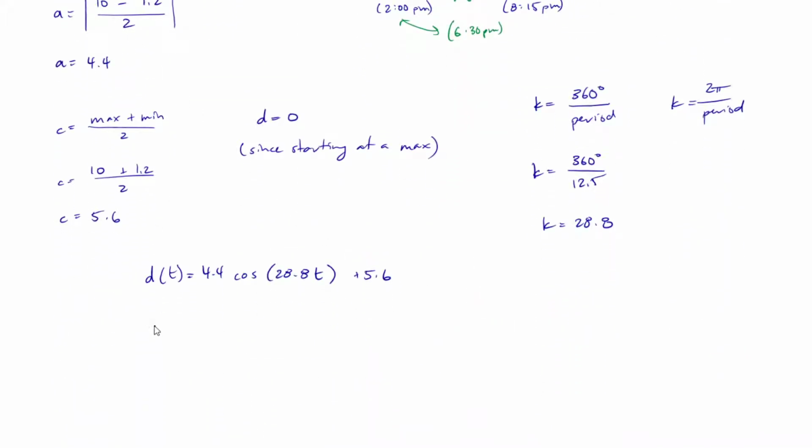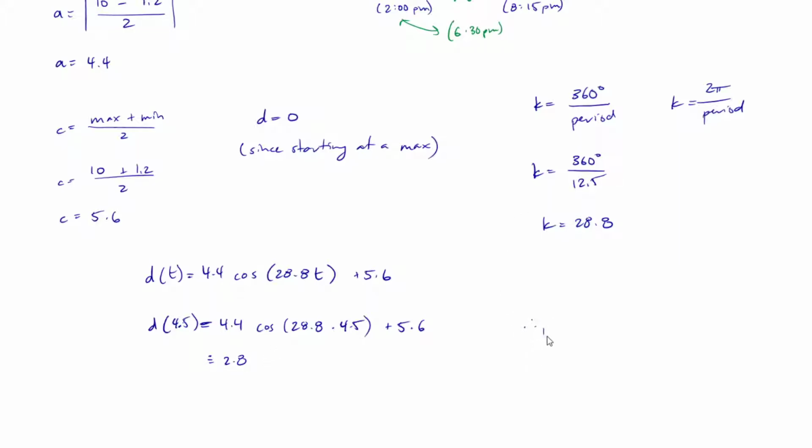So d at 4.5 is equal to 4.4 cos 28.8 times 4.5, plus 5.6. And putting that all into my calculator yields approximately 2.8.